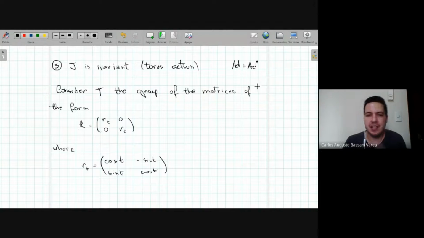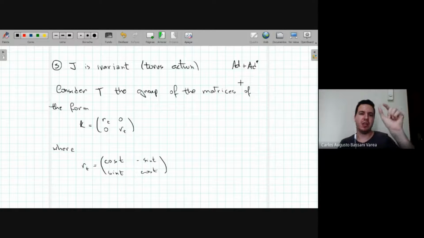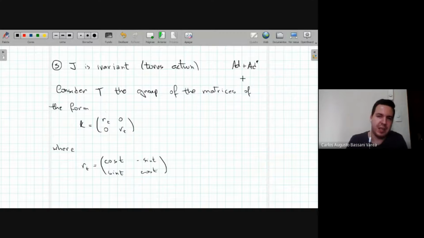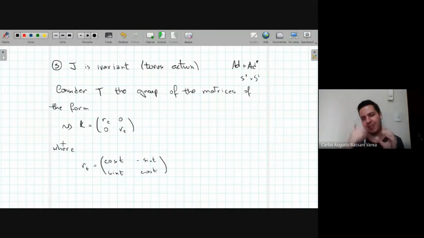When I say that it's invariant under the torus action, it is an S1 on the vectorial part and an S1 on the dual part. So it's basically an S1 times S1. This is why we are considering this group here. The torus acts block-wise on the vectorial part and the dual part.